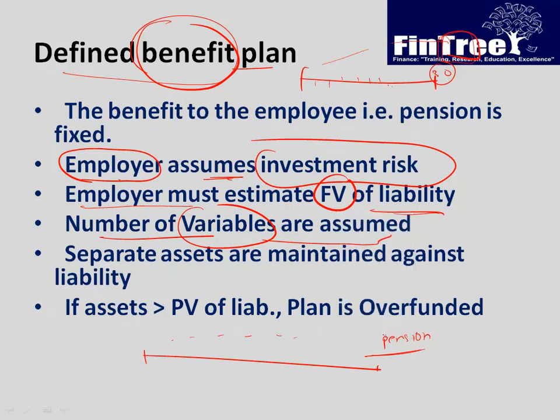Most of the time this pension would be dependent on how many years your employee would work for you, and how many years that employee would be alive from the date of retirement. So you'll have to make assumptions like mortality, and by what amount his salary is going to grow every year. These are the variables that you're going to assume.